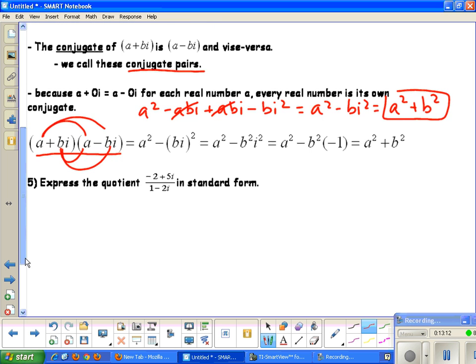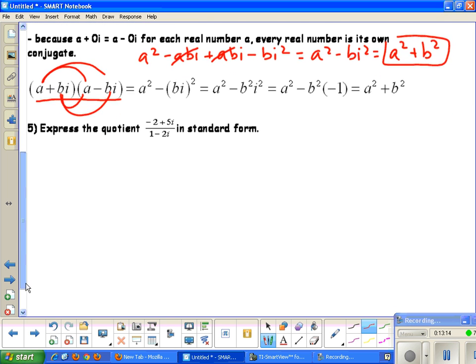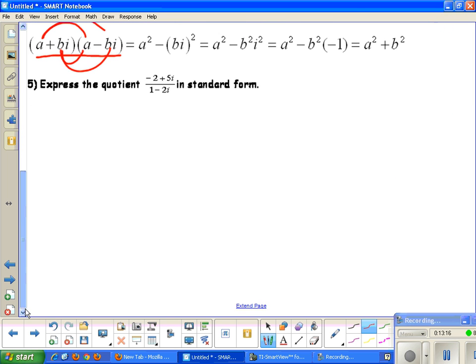Why do we use this? Because it helps us to simplify when we're using division. Express the quotient -2 plus 5i divided by 1 minus 2i in standard form. If we want to put this in standard form, that means we have to get rid of our imaginary numbers in our denominator, because remember we said before we don't like to have radicals in our denominator, and remember i is really a radical, so I have to rationalize my denominator.